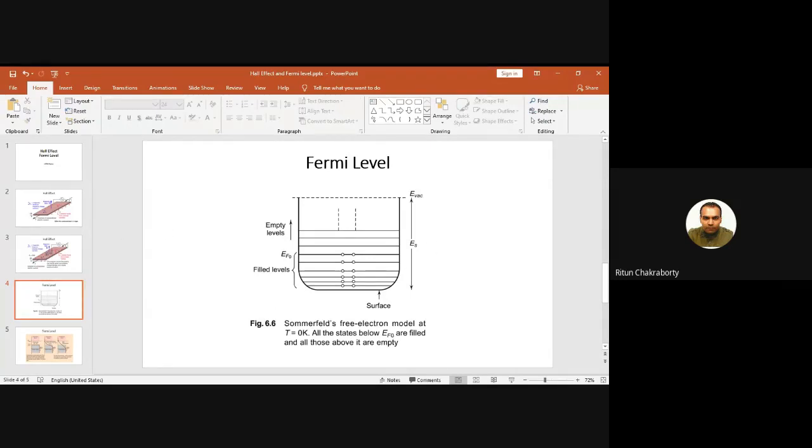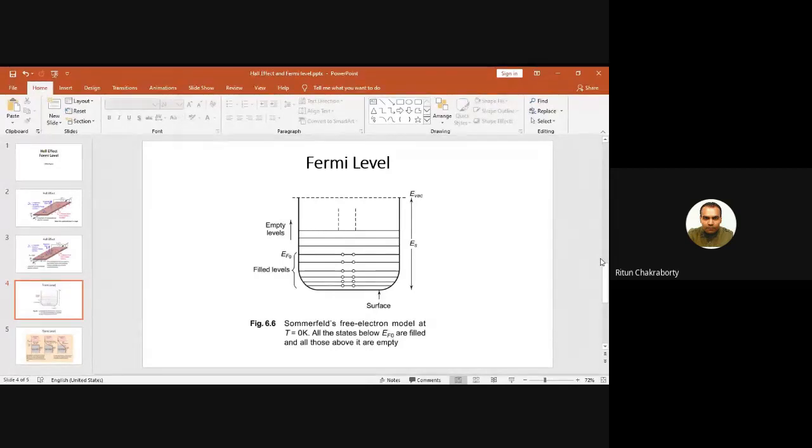So this is the figure of Fermi level. The caption says: the Sommerfeld free electron model at T equal to 0 Kelvin, levels below E_F are filled and all those above it are empty. What does it mean? Fermi level means the highest value of energy, the band energy, that electrons can have at a temperature of 0 Kelvin.